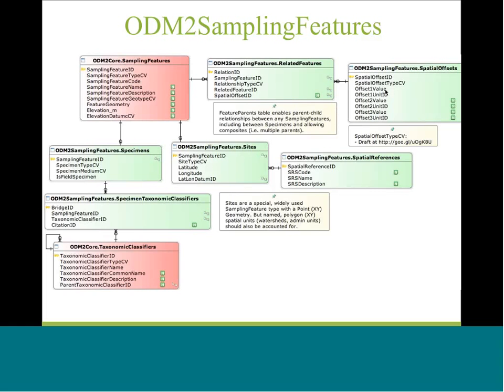They want to call it a single site, but they need to keep track of how far away the sensor is, in what direction, and what tree it's located, or what depth. So the spatial offset might be something along the lines of radial offset, where offset value 1 might be degrees from magnetic north, offset value 2 might be distance from parent, and offset value 3 might be the depth below the soil surface, for example.